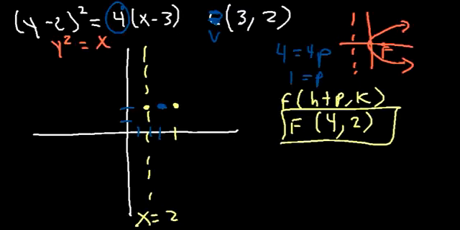So now let's see if we can find some points to graph it. We have a 4 in front.